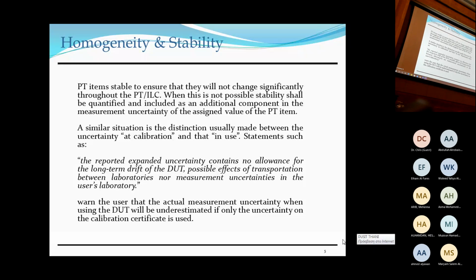And there's the uncertainty that we estimate, which corresponds to the measurement values which are produced with it when we use it. Okay? So the uncertainty in use is, in general, larger than the uncertainty at calibration.